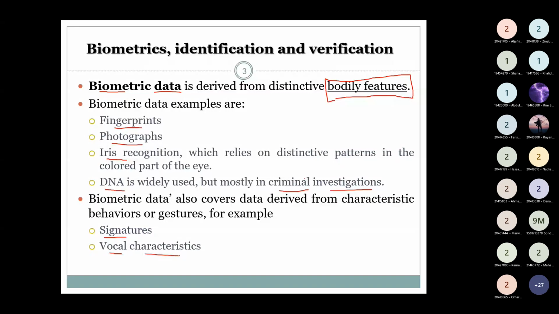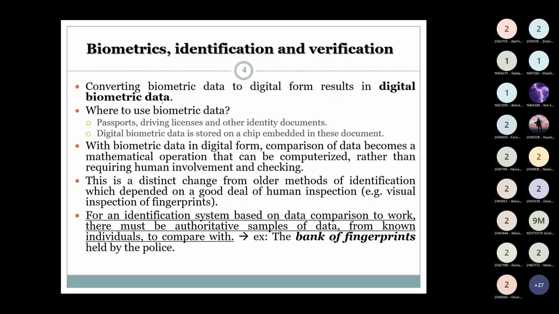Converting biometric data to digital form is how you can then identify or verify. So you can see here that it can be for identification or for verification. We have two purposes for biometrics.